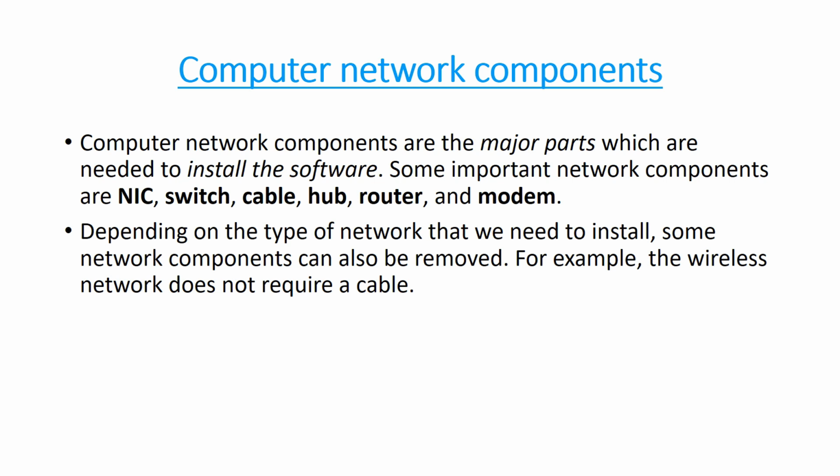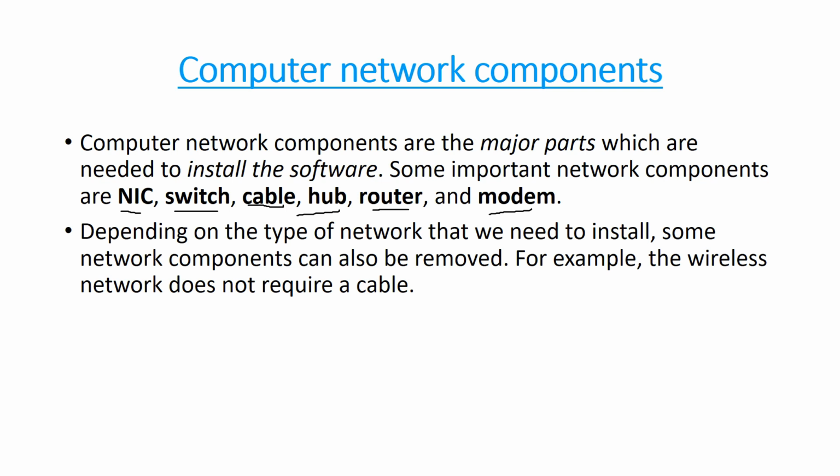So computer network components are the major parts which are needed to install the network. Some important network components include the NIC. This is an initialism, we shall look at its full meaning. We have a switch, a cable, a hub, a router, and a modem.